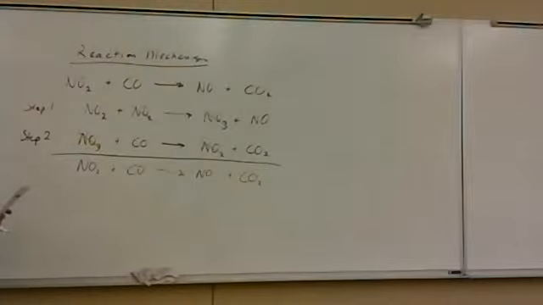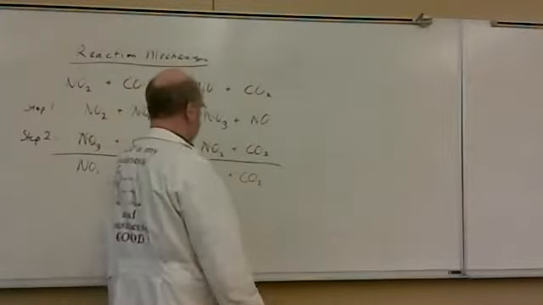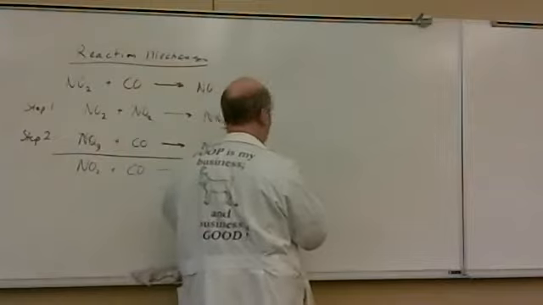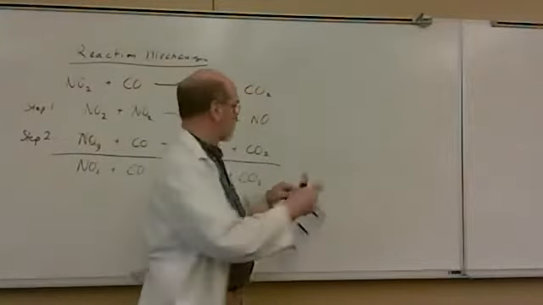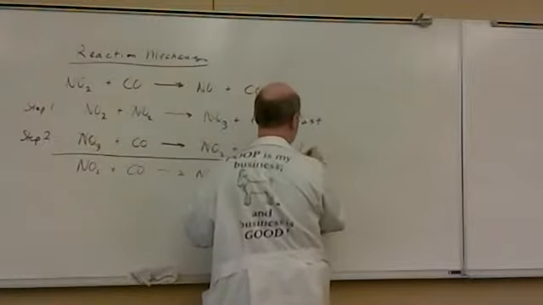Next, it's not given as an example in the PowerPoints or your textbook probably, but I'm going to make a point of it here. Let's just suppose that we know from other experiments that this one is fast and this one is slow.